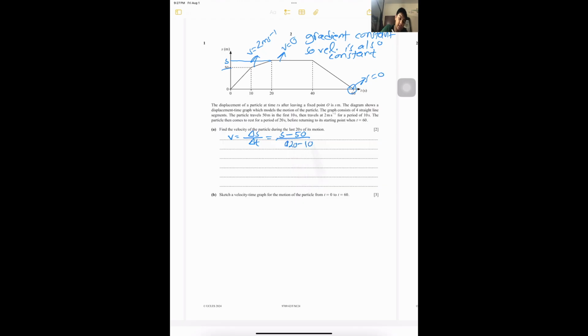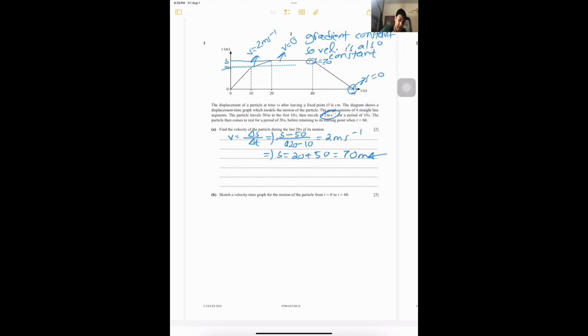This is given to us as 2 meters per second. By cross multiplying, we get 20 plus 50 to be 70 meters. That is the first important thing to write. Then at this very point, s is 70 and this is s equals 0.